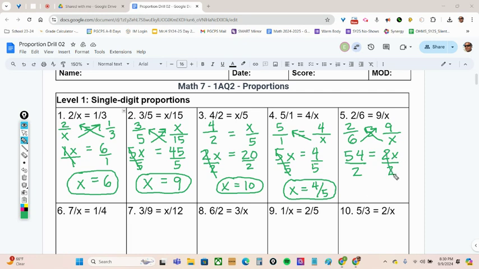Okay? This cancels and equals x. 54 divided by 2 equals 27, and I could just switch it and do x equals 27. Final answer.